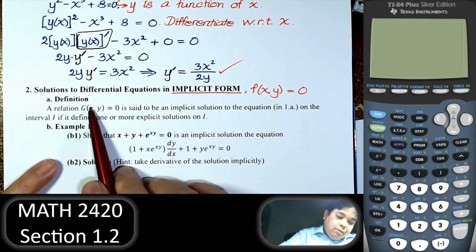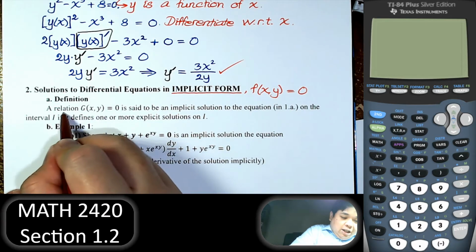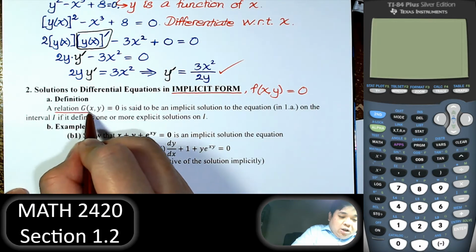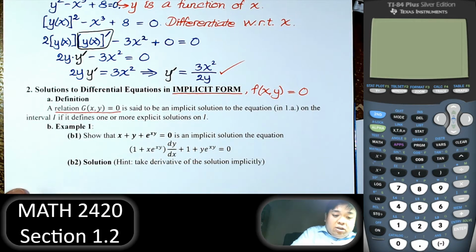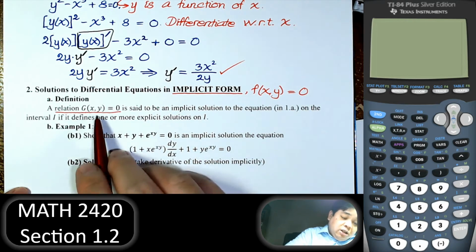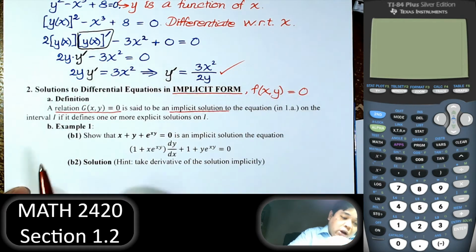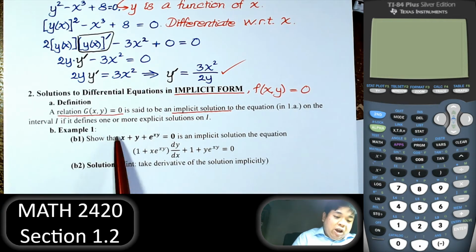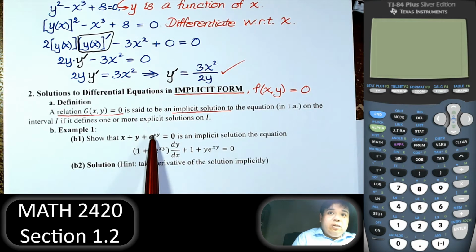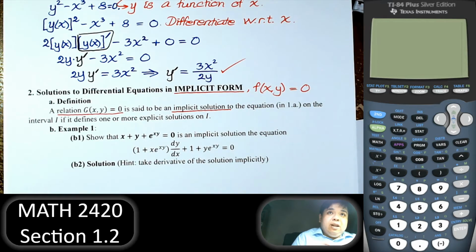In this case, we say the solution is a relation, so it may not be a function. It is an implicit solution to the equation on the interval I. So pretty much when we have the equation, take the derivative, and then substitute into the equation. If it works, it works.